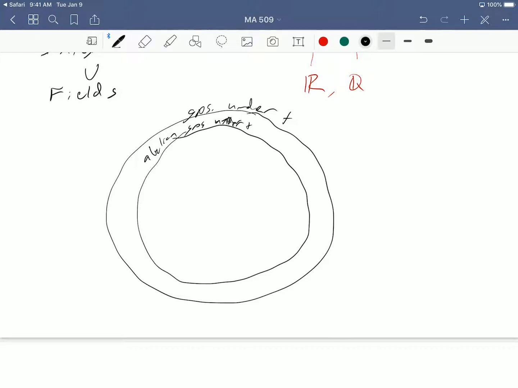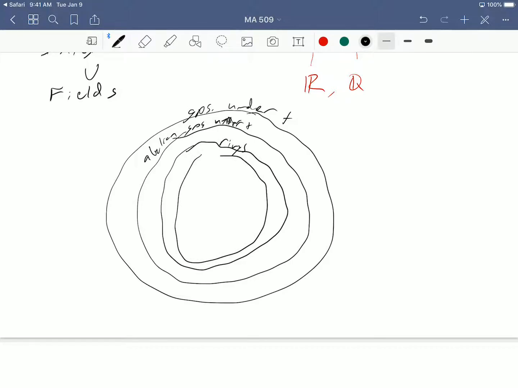Okay, we add on a new operation, multiplication, and we get the set of rings. We add on that we want multiplication to be commutative, and we get commutative rings. And then we add on the requirement that we have no zero divisors, and we get an integral domain. And then we add on that we want multiplicative inverses, and we get a field.